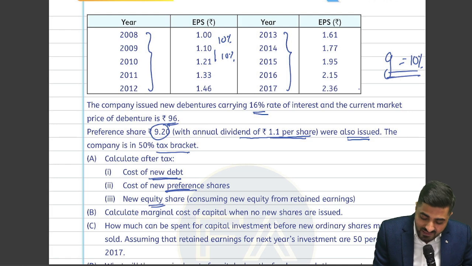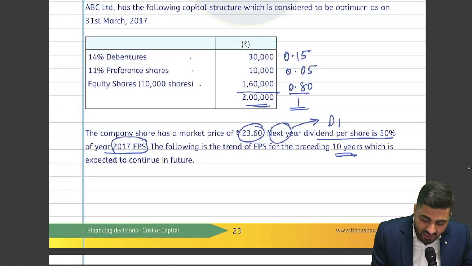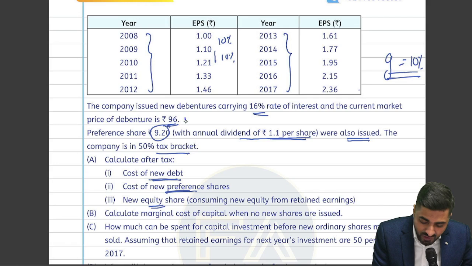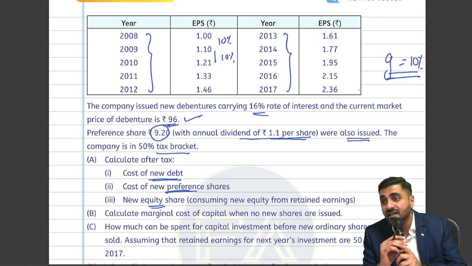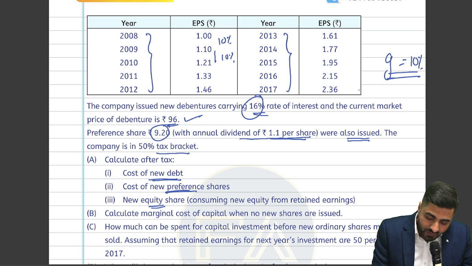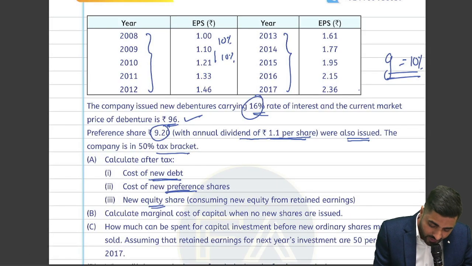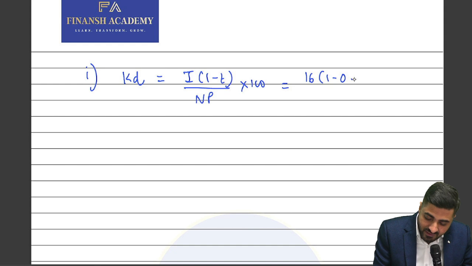Everyone, please tell me what is the face value of the debenture? There is no information. But when we are issuing the debenture at 96, it means that the face value is 100. What's the coupon rate? So can I say 16 rupees is your interest? Tax is given to you, yes or no? 50% is the tax rate, 0.5.